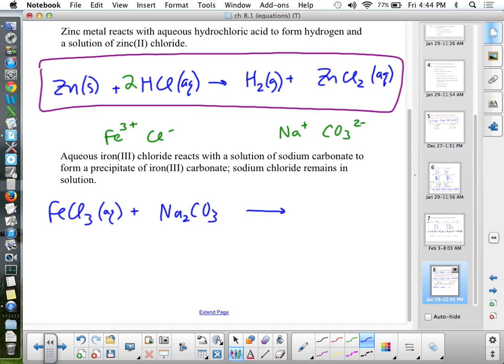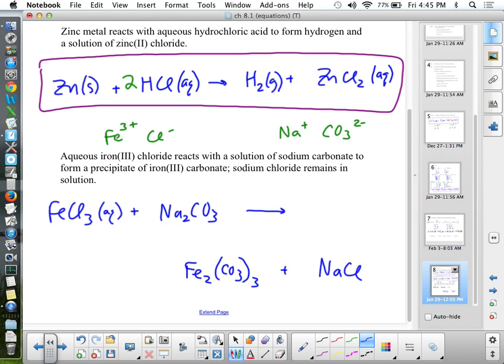It's permissible to use 2 lines, by the way, to form a precipitate of iron 3 carbonate. If iron 3 has a 3+ charge and carbonate has a 2- charge, that means I need 2 iron 3 cations for every 3 carbonate anions. Sodium chloride remains in solution, simply NaCl.